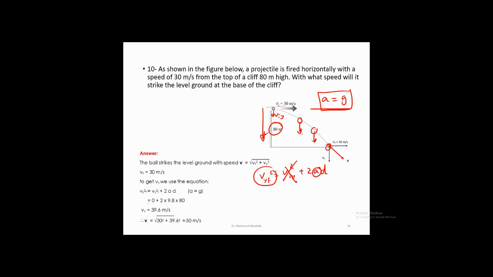Then just calculate, then get the root of Vy squared. You will get Vy. Then we have Vx equal 30. Vy at that point equals 39.6. To get V, it equals Vx squared plus Vy squared. Just square this and square that, then get the root.